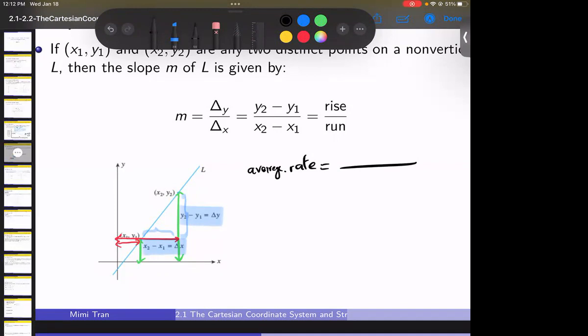Say your home is at distance 0 and OU is 20 miles. So OU minus home; by the way, this is distance.